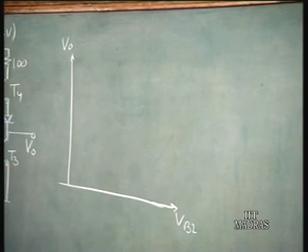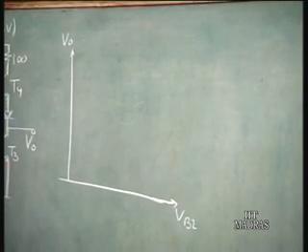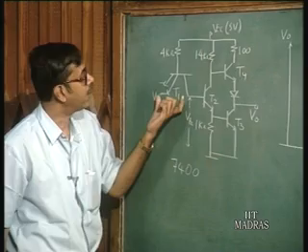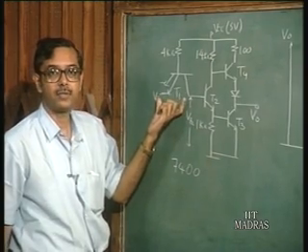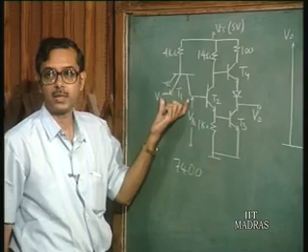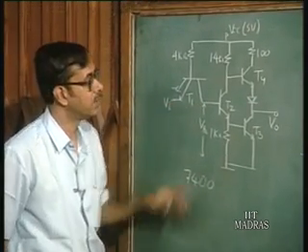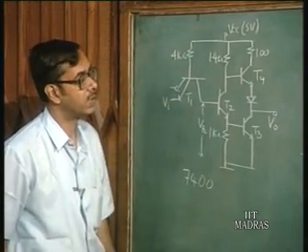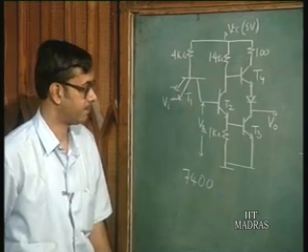Once we do that, then we can very easily get the input output characteristics by obtaining the drop across the T1 transistor. So, now let us see what the characteristics are like.